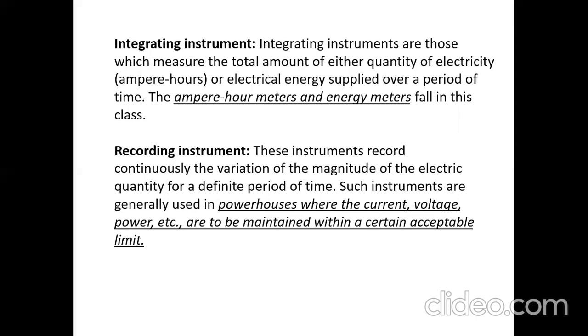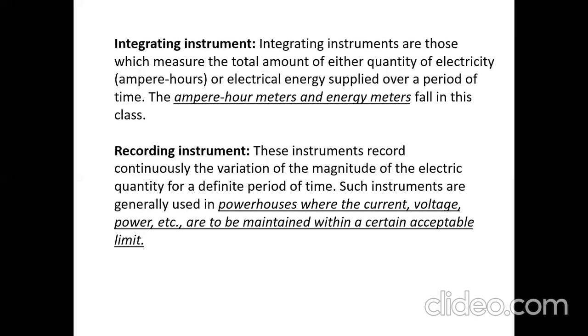Again, your recording instrument. The recording instrument will continuously record the quantity. This instrument records continuously the variation of the magnitude of the electrical quantity for a definite period of time, meaning it will store the value.